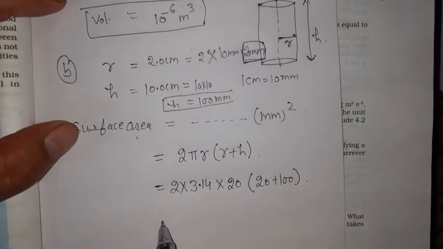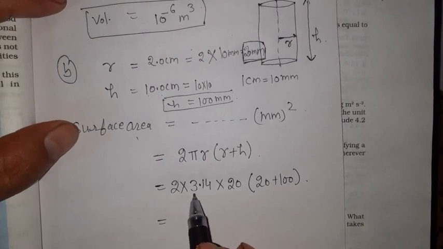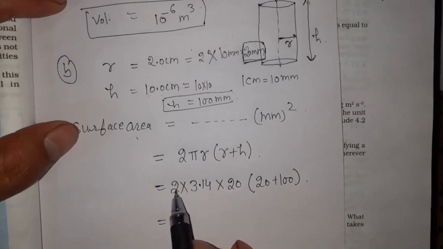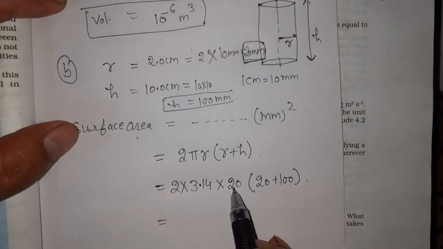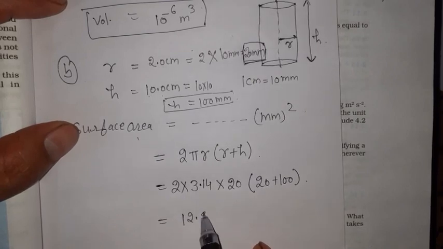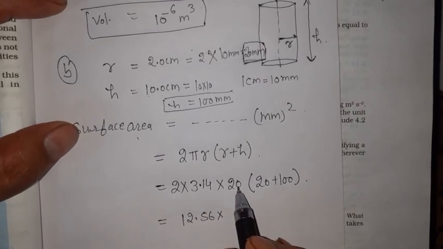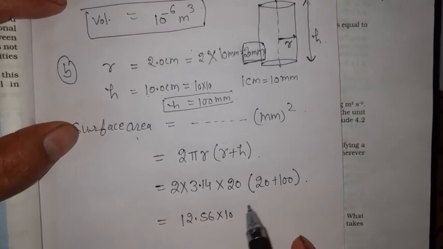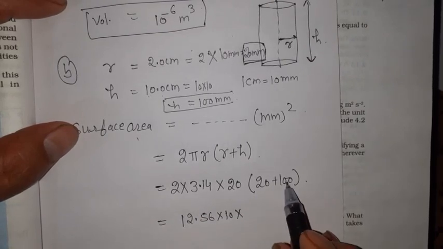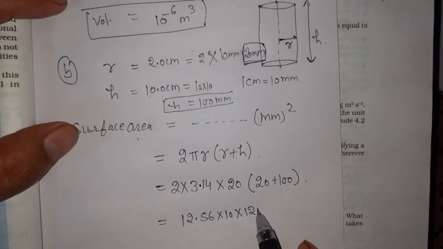Okay, thus over here, student, what is over there? It is 3.14 into 2, so it is double of 3.14, so we get 6.28, and again double of this one, we will get 12.56, into 20, and inside it will be 100 plus 20, that is 120.